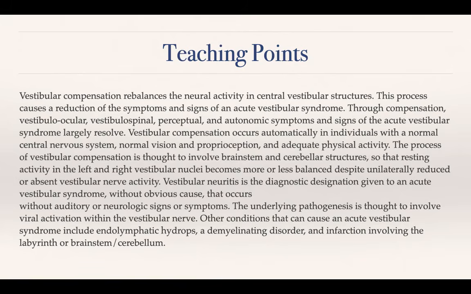Vestibular neuritis is the diagnostic designation given to an acute vestibular syndrome without obvious cause that occurs without auditory or neurologic signs or symptoms. The underlying pathogenesis is thought to involve viral activation within the vestibular nerve. Other conditions that can cause an acute vestibular syndrome include endolymphatic hydrops, demyelinating disorder, and infarction involving the labyrinth or the brainstem or cerebellum.